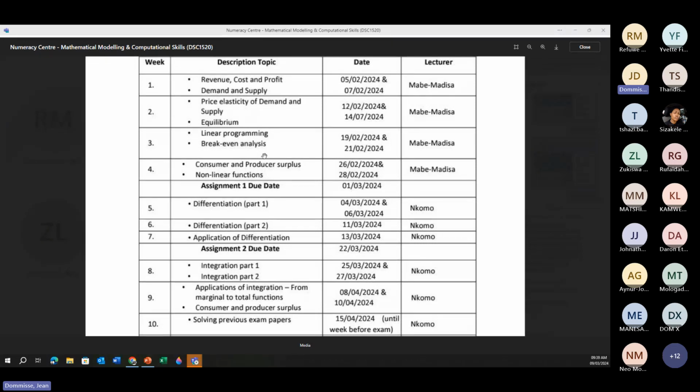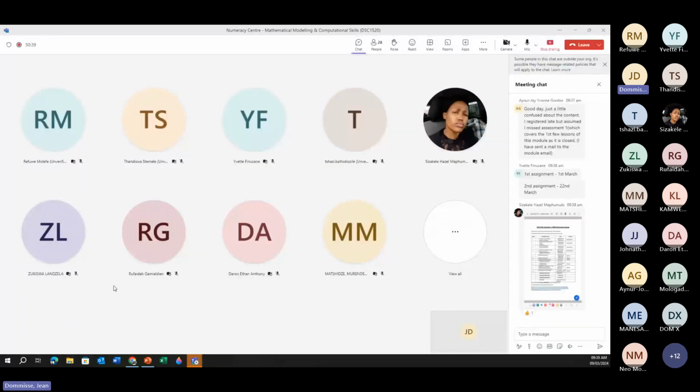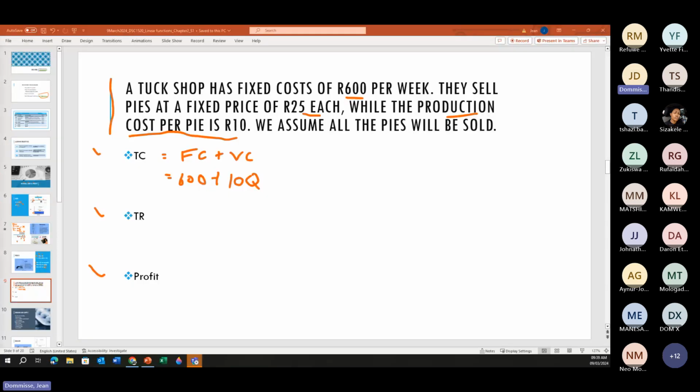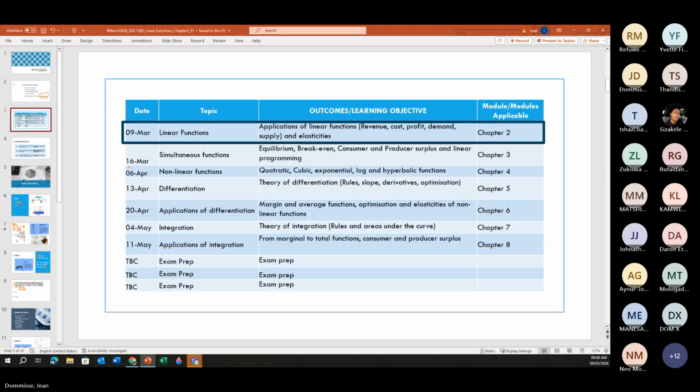What we will do next week is cover everything that was actually due for assignment 1. Then I will make a plan so that we still have time for the next one.